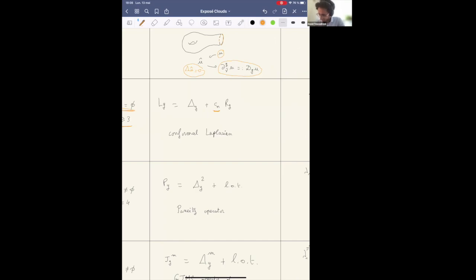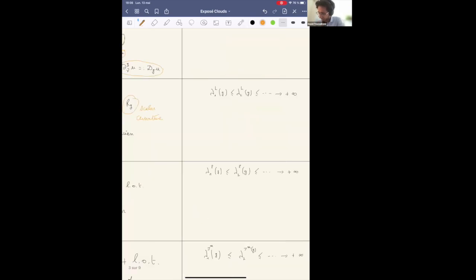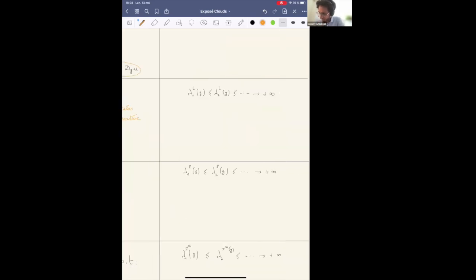That's why it is defined for manifolds of dimension at least 3. And R_g here is the scalar curvature of the Riemannian metric g. This conformal Laplacian also admits a discrete set of eigenvalues.